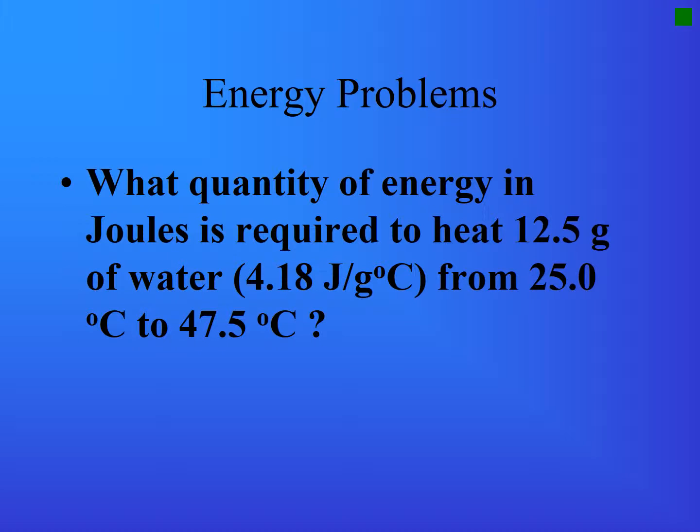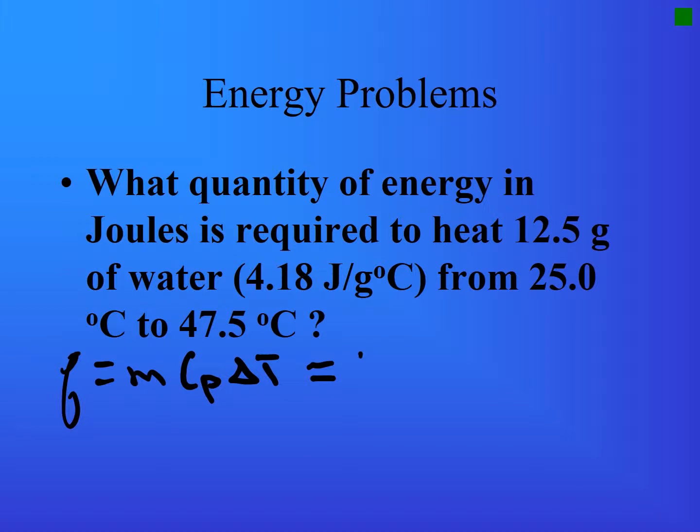All right, so what change of energy in joules is required to heat 12.5 grams of water from 25.0 degrees C to 47.5 degrees C? We know that Q = mCpΔT, so we can plug it in.